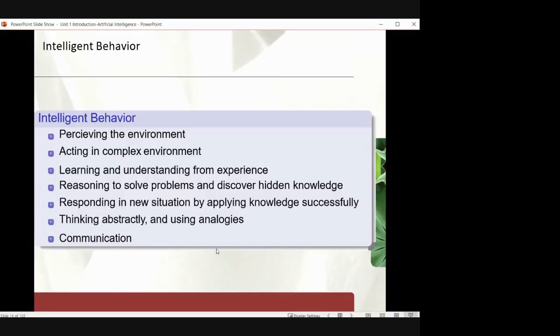Then reasoning to solve problem and discover hidden knowledge. Okay, so sometimes hidden knowledge is there in the problem, and we solve the problem through that. So that is also there. Then responding in new situation by applying knowledge successfully. So whatever the past knowledge we are having, based on past knowledge, we respond to the new situation.